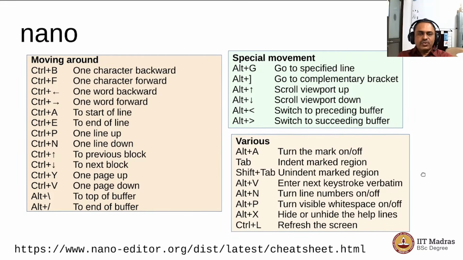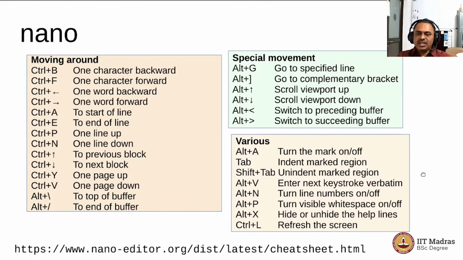And there are various ways by which you can move around within the Nano editor, either character by character or word by word, or going to the start of the line or end of the line, upwards or downwards, even block by block in terms of text blocks, or even page by page, and also to the very first line or the last line.